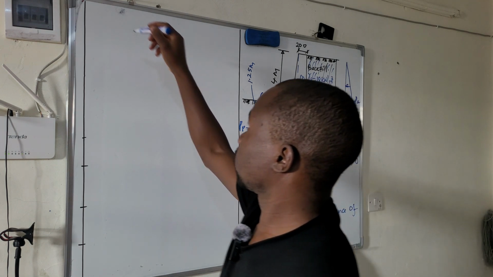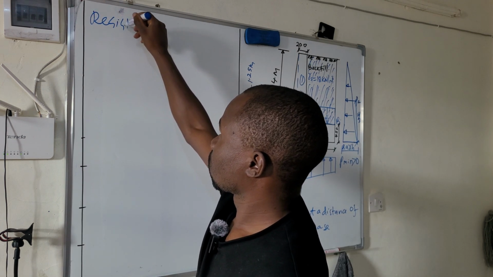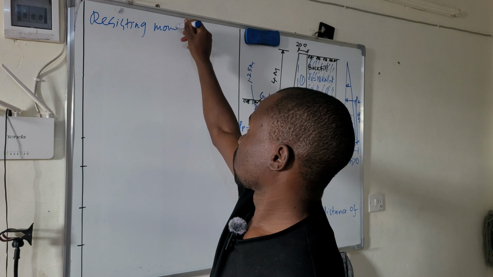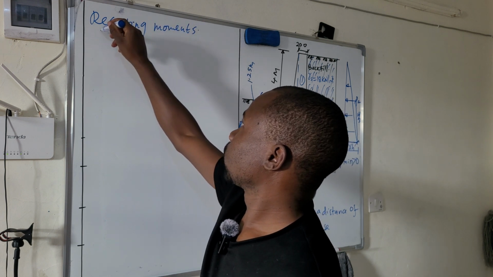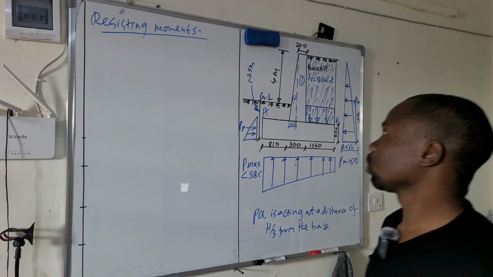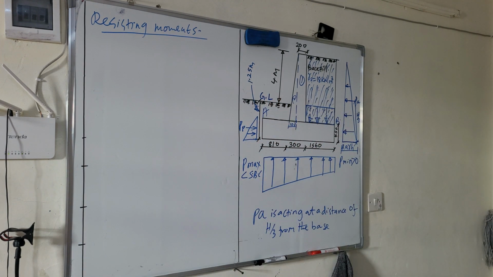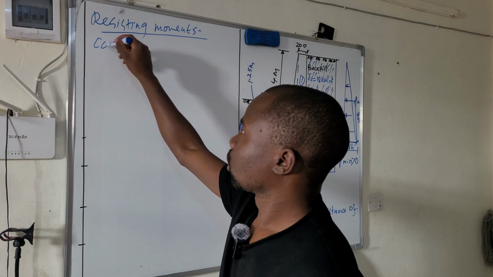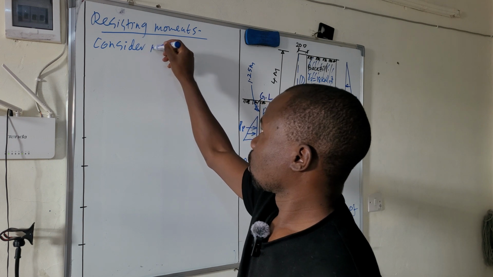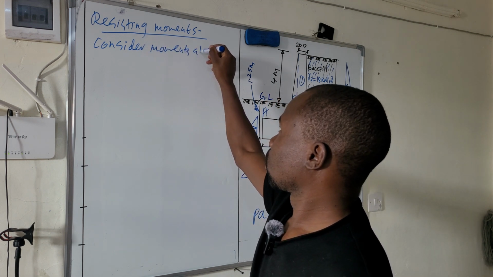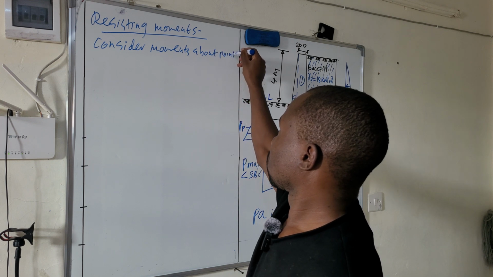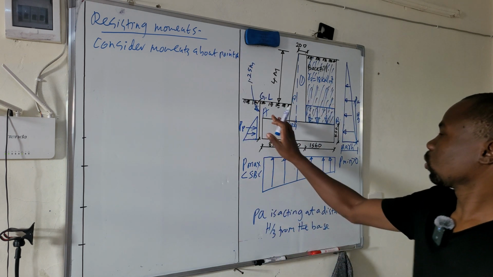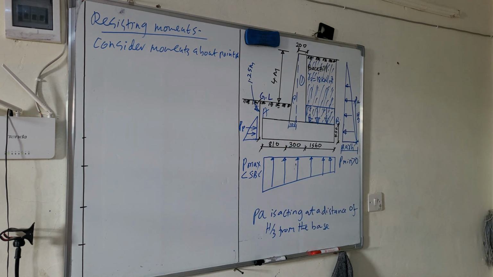So we are now going to calculate the resisting moment, which is moment due to vertical forces. So we will consider the moment about point A. So this point A is the point where the overturning will occur.